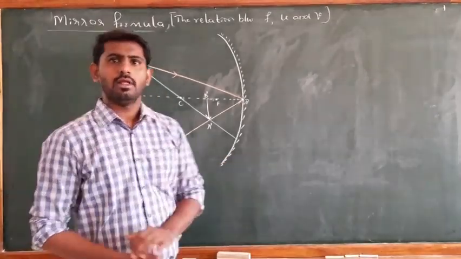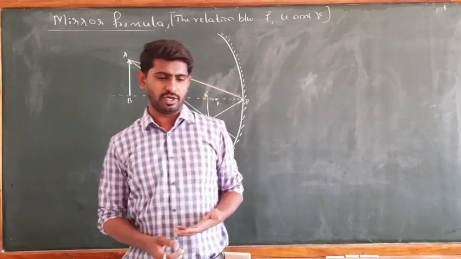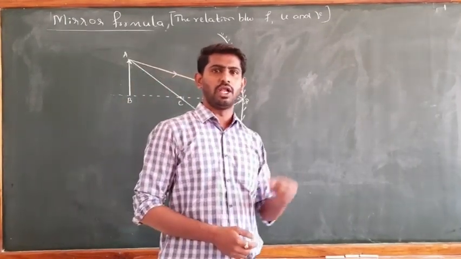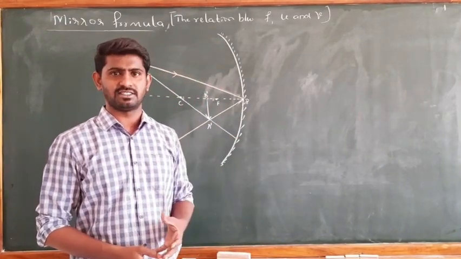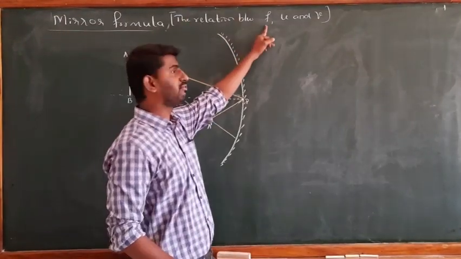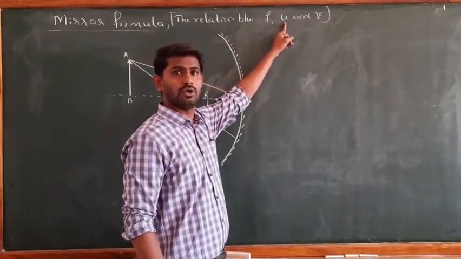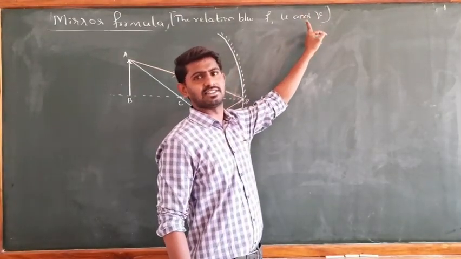Okay. The next point is the mirror formula, in which we are going to derive the relation between focal length, object distance, and image distance, and the respective symbols are F for focal length, U for object distance, and V for image distance.